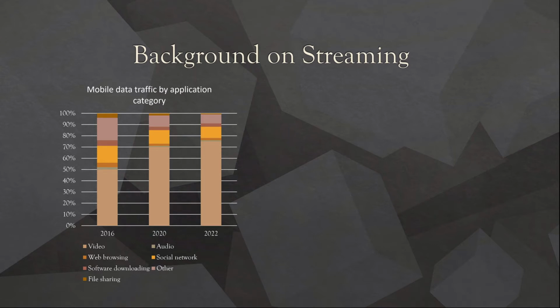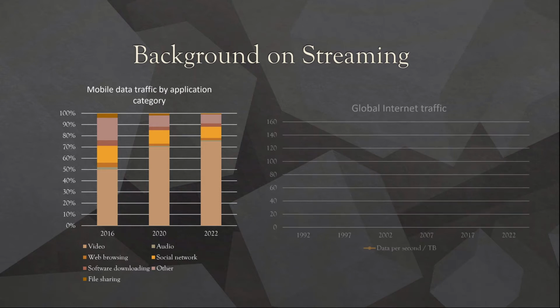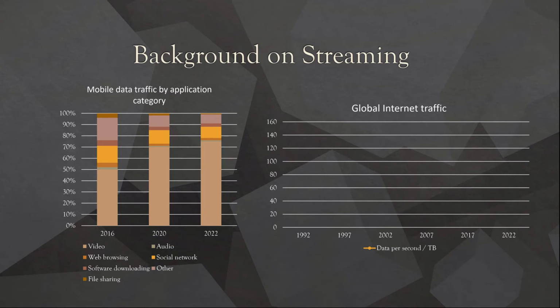Therefore, improving performance and reducing costs of streaming tools are necessary for mobile devices. The global internet traffic on streaming is also increasing greatly. There is a high demand on server and bandwidth.